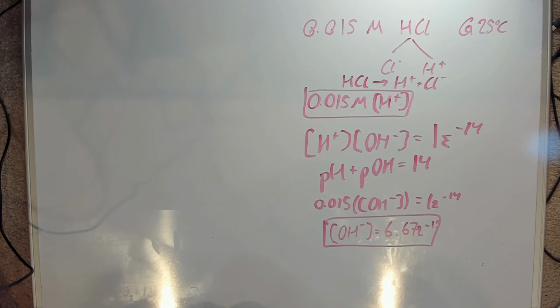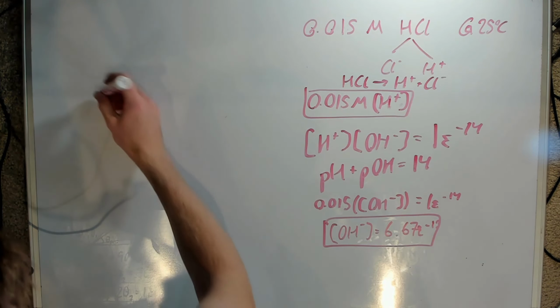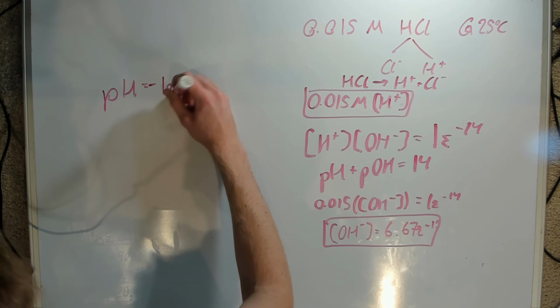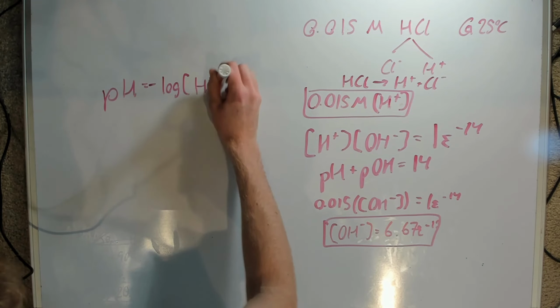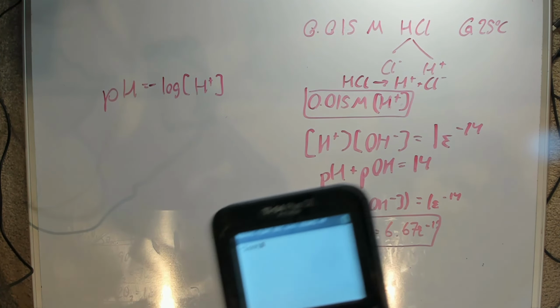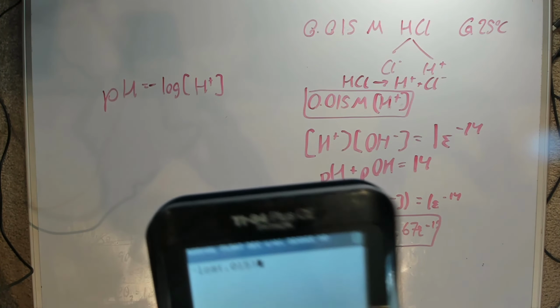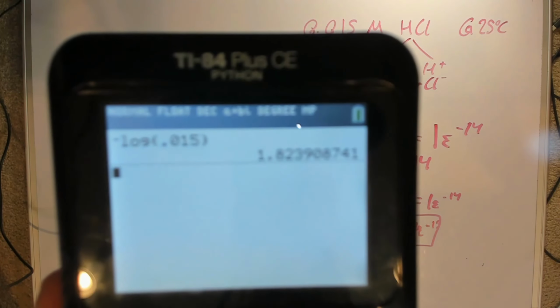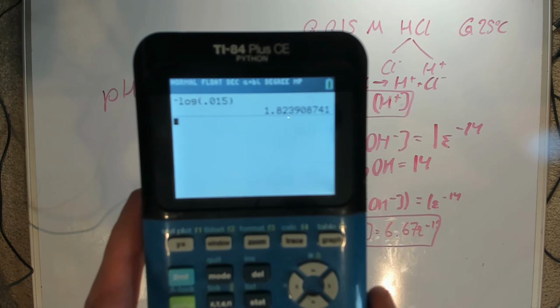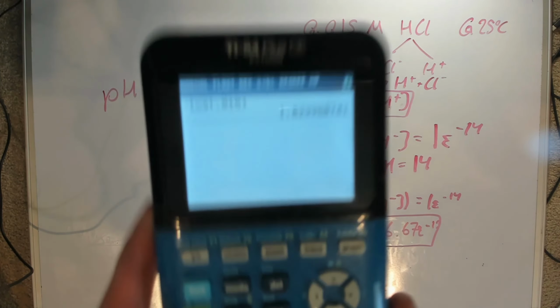So let's do pH now. We know pH is equal to negative log of H plus. So our pH is negative log 0.015, which is 1.823.